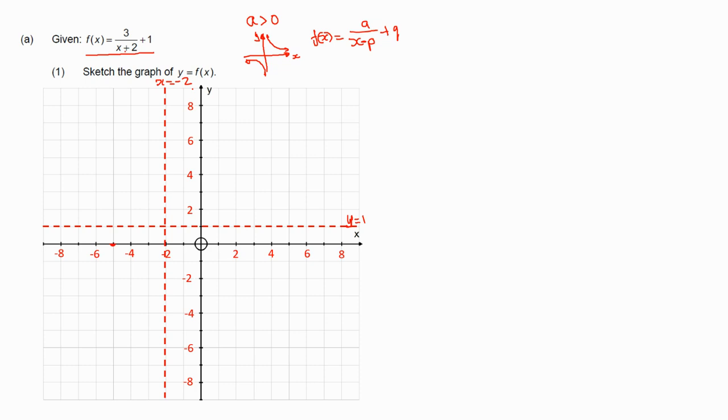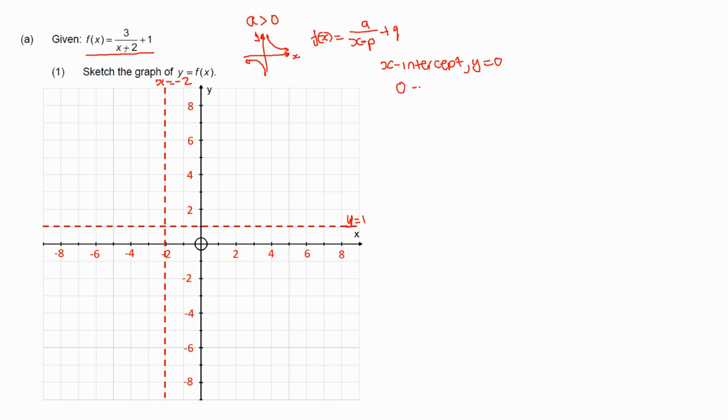Next, we're going to find the x-intercept. For the x-intercept, y is equal to 0, because along the x-axis y is equal to 0. So where there's y we put 0.